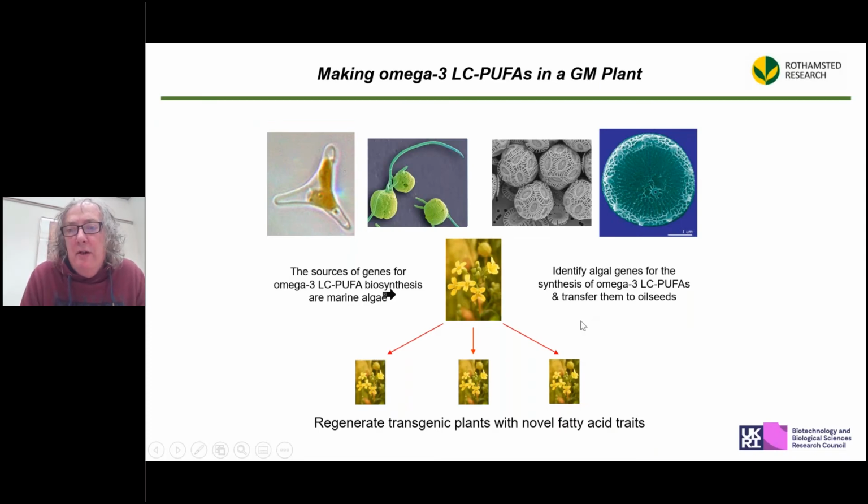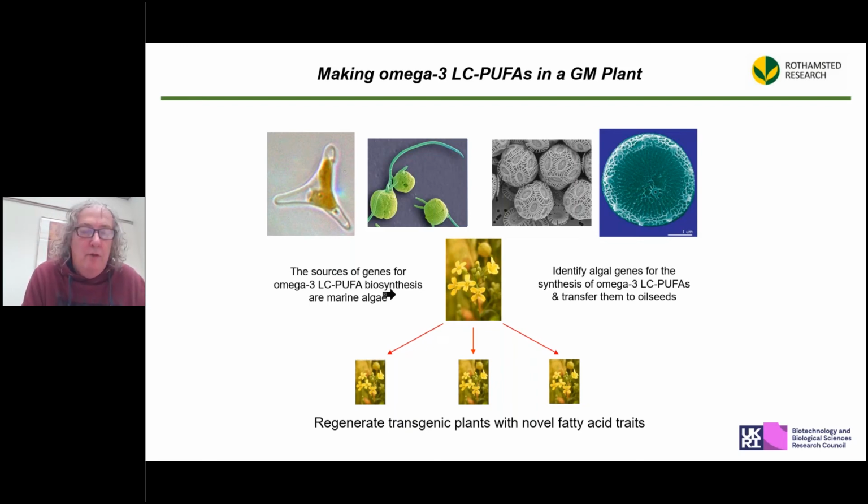Okay, so this is how you make an omega-3 long-chain polyunsaturated fatty acid in a GM plant. So basically, it's really simple. That's what we thought 25 years ago. You take the genes from algae, and you need to take a whole fistful of genes. So you need to take 7 genes from algae and put them into plants, because it's algae that make the omega-3 long-chain polyunsaturated fatty acids.